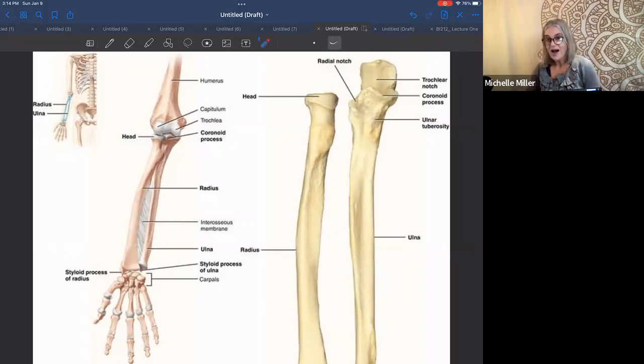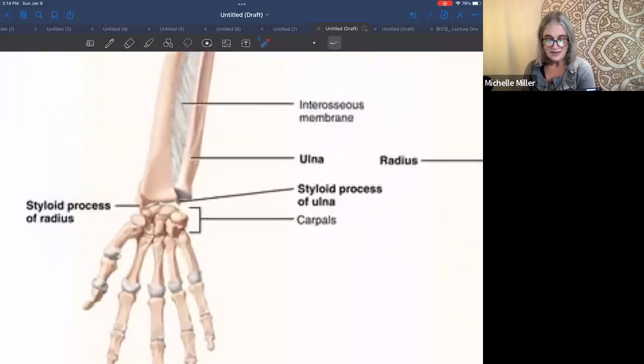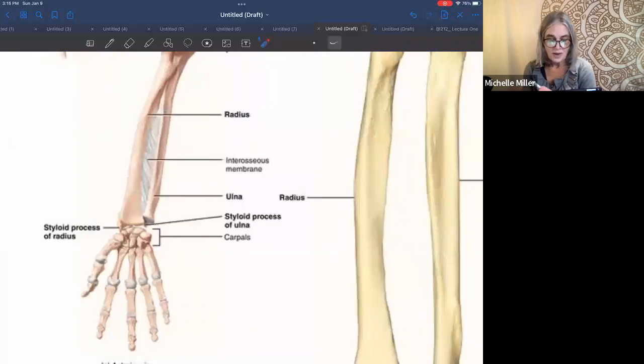If you take a higher level anatomy and physiology class, you will be memorizing these bony markings on your bones. Let's look at the carpal bones. These processes of the radius and the ulna are what create these little projections from your wrist.